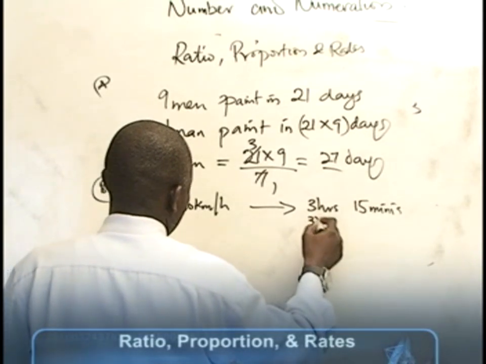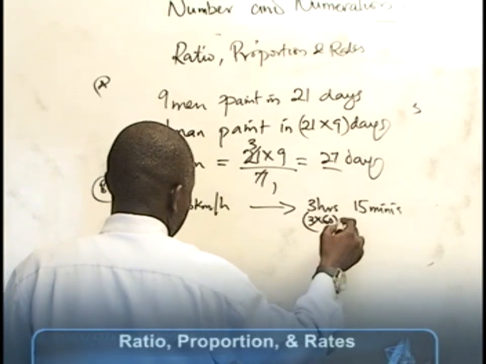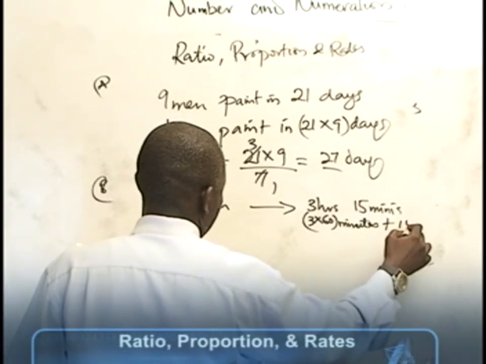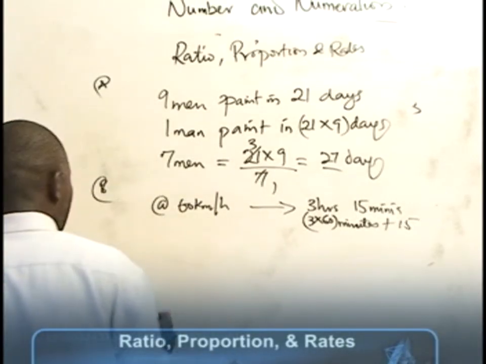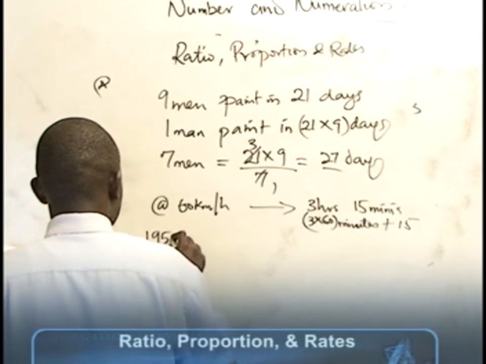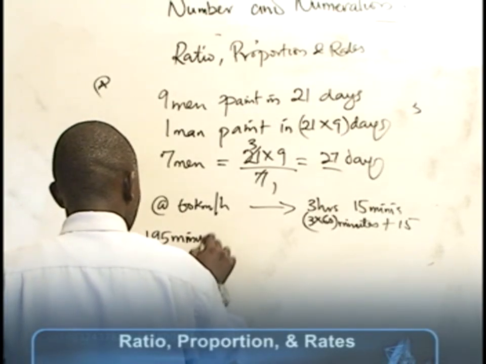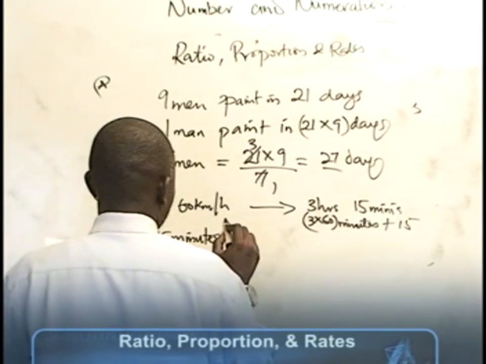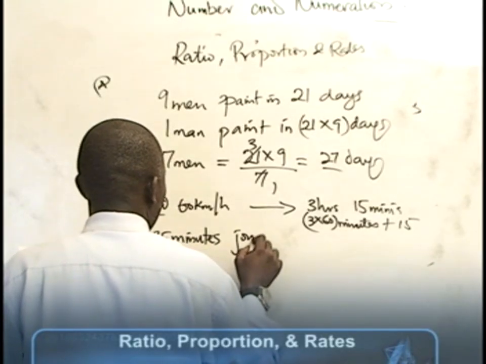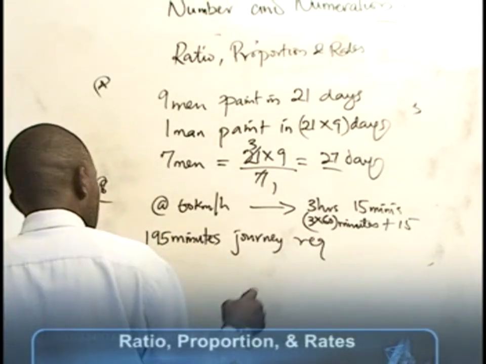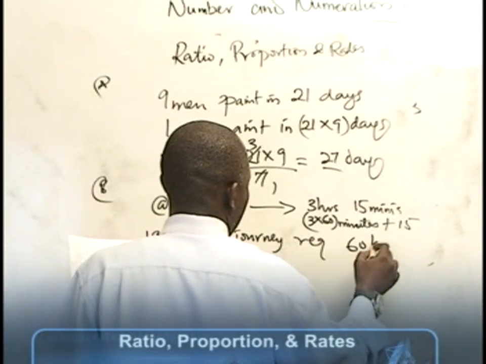So this one is like saying 3 times 60 minutes, and you add that to 15, you have 195. So you have 195 minutes of a journey, which requires 60 kilometers per hour.